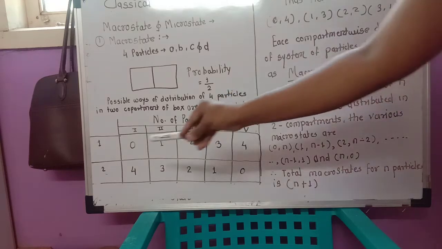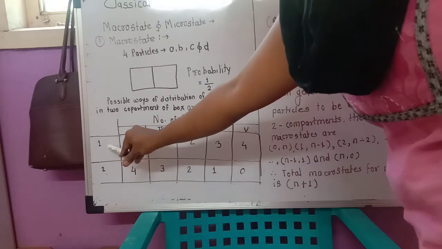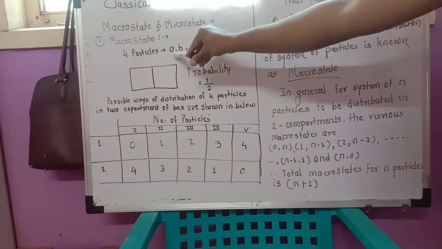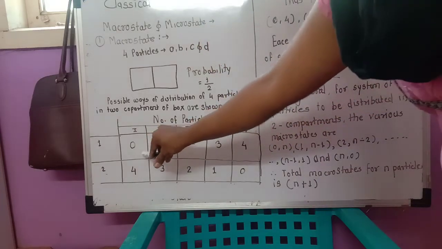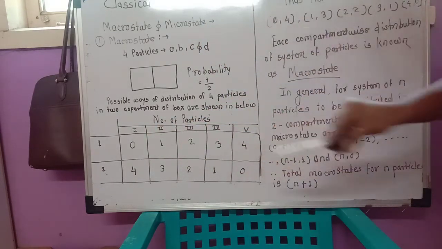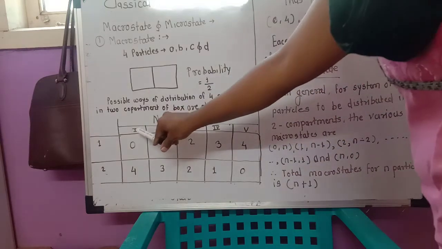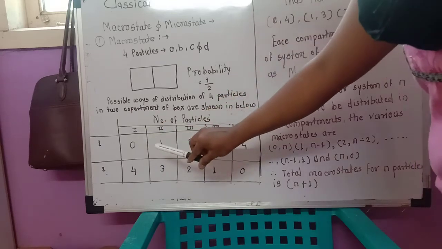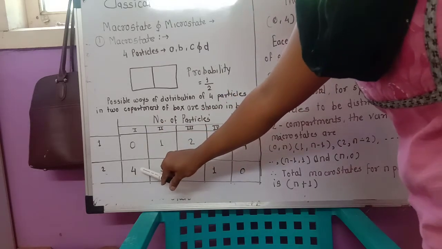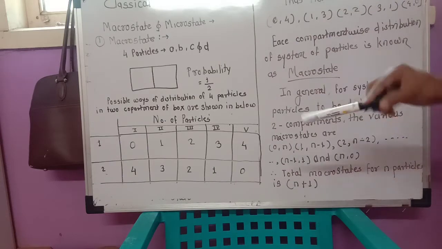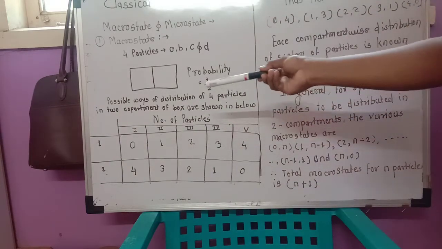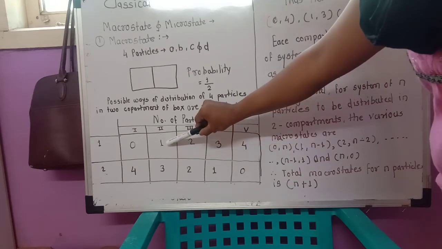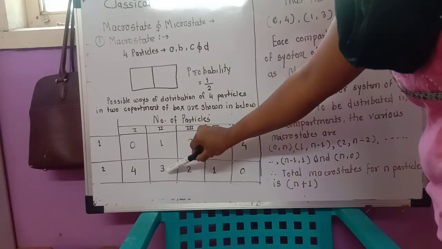Here we see compartment number 1 and compartment number 2, and we distribute these four particles in these 5 types. In distribution 1, compartment 1 will contain 0 particles and compartment 2 will contain 4 particles. Second distribution, compartment 1 has 1 particle and the other compartment has 3 particles.